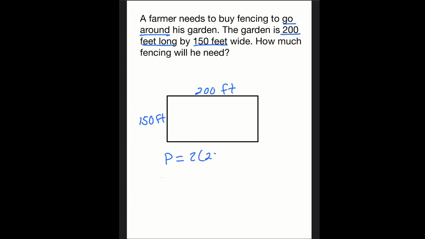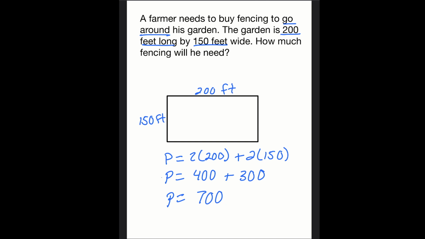So we can say that 2 times 200 can be added to the 2 times 150. So in order to find this perimeter, we would take 2 times 200, which is 400. And we would add it to 300. And we would know that his perimeter would be 700. And now, because it is a perimeter, we know that it's just going to be feet.